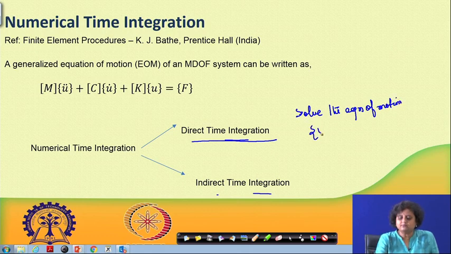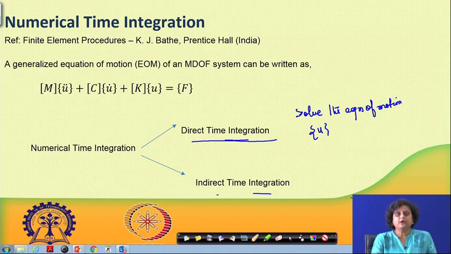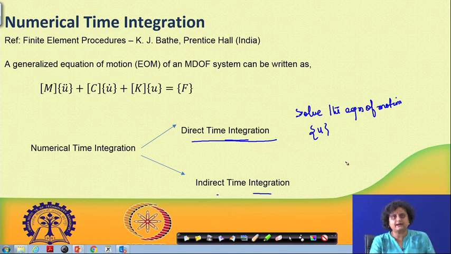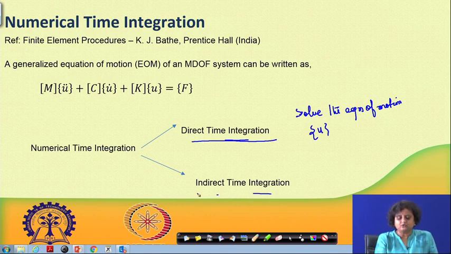So, we will solve this in terms of u. The solution is going to directly give us u. Any finite difference scheme is a direct time integration scheme. There are other direct time integration schemes like Newmark's time integration and Wilson theta method, which we will talk about in detail later.